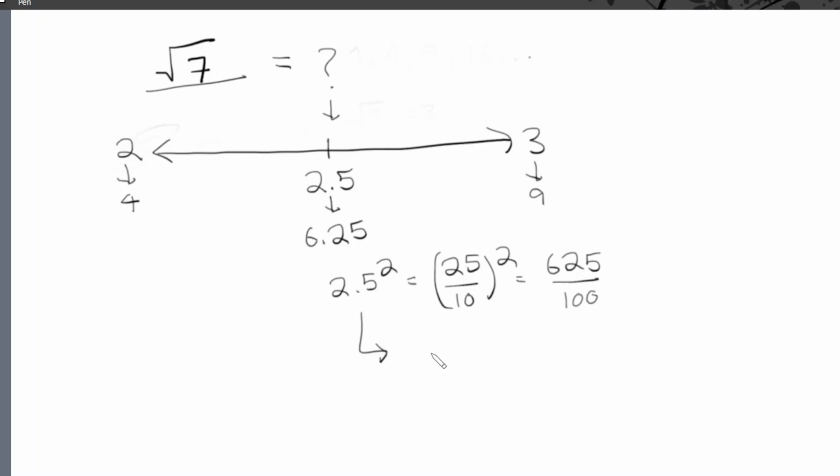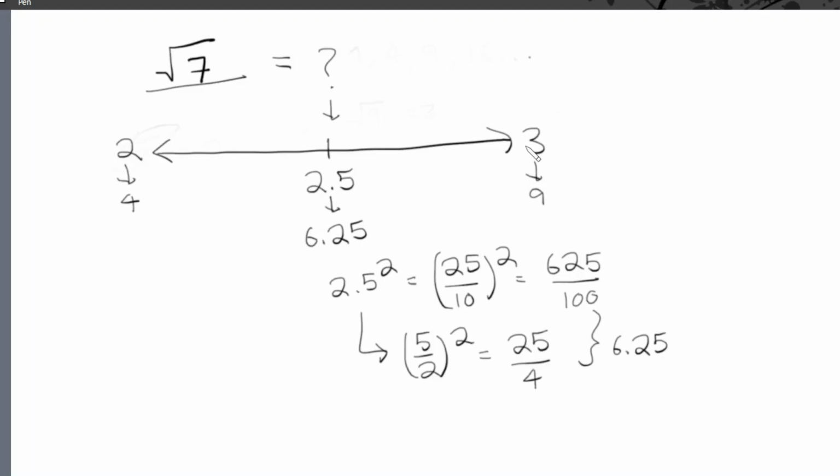Or you could also say 2.5 is the same as 5 over 2, and if you square this, that's just 25 over 4. Either way, you should be arriving at 6.25.